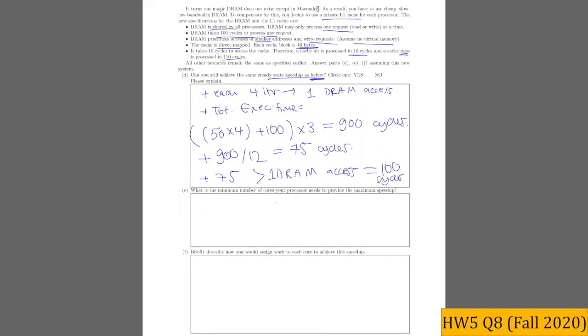So for some iterations, even the 1 DRAM access part of it would be more than the 75 cycles. Therefore, we cannot have the same steady speedup as before. No.